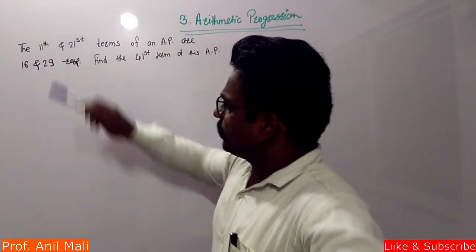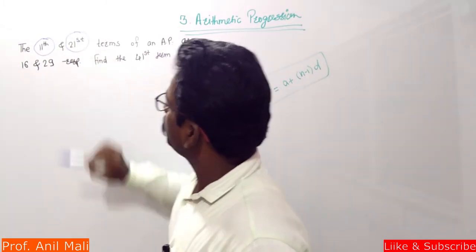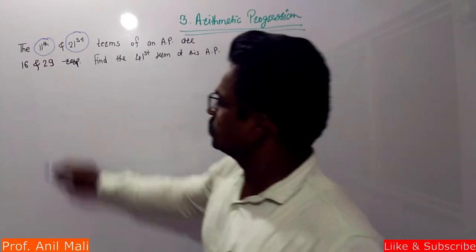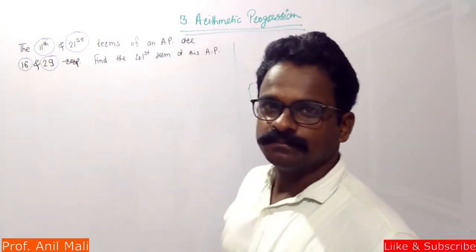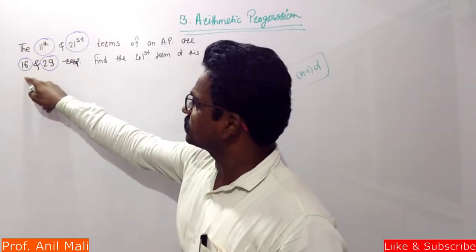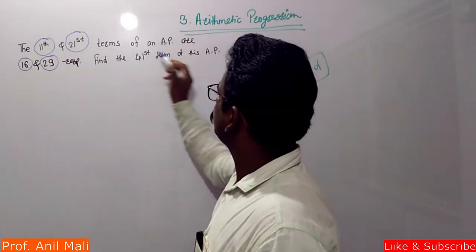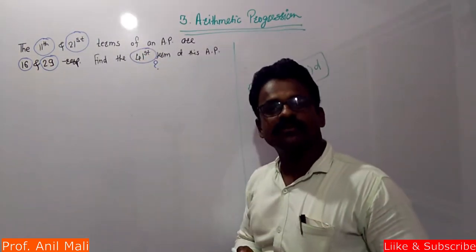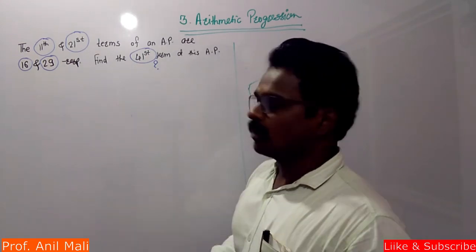The 11th and 21st terms of an AP are 16 and 29 respectively. 11th term is 16 and 21st term is 29. Find the 41st term. So the 41st term we need to find out.